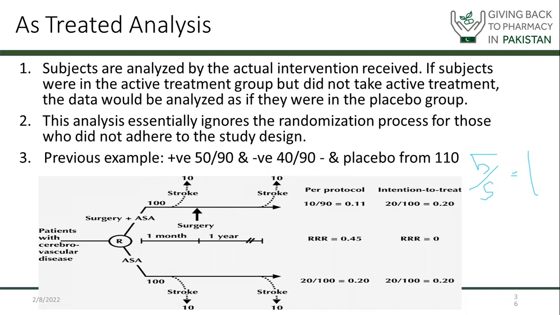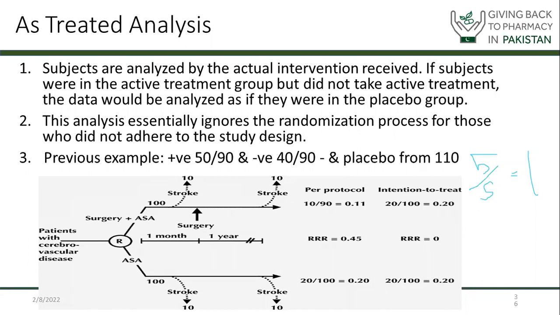If the subjects were in the active group but did not take the active treatment, the data would be analyzed as if they were in the placebo group. Like the patient should have taken a medicine, but didn't take it. So it means he's on the placebo. We will take him to the placebo side. So he is not adherent, we will put him in the placebo side.